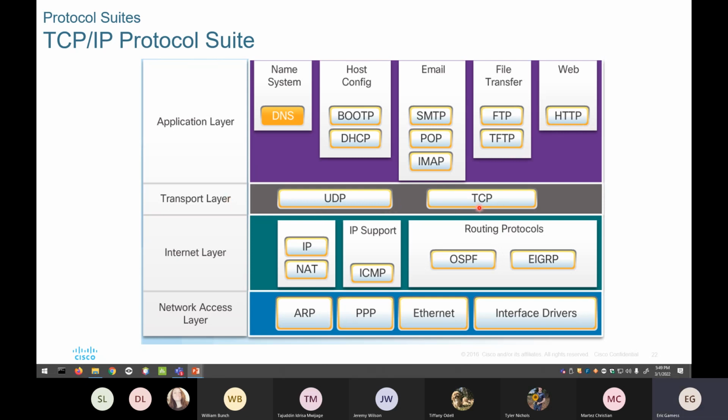One is TCP, which is a connection-oriented protocol, and one is UDP, which is a connectionless protocol. So TCP is heavy because it's connection-oriented. UDP is light, a very small protocol, runs very fast, but it's not connection-oriented, which means that UDP cannot correct.